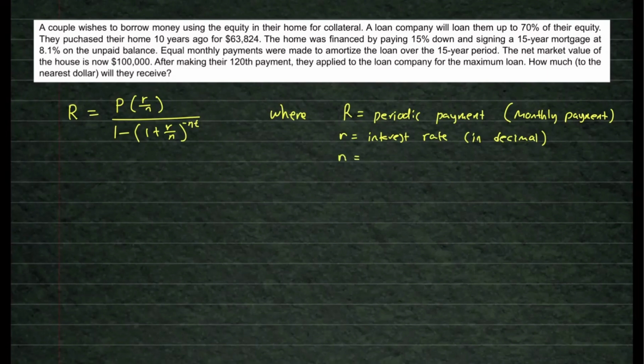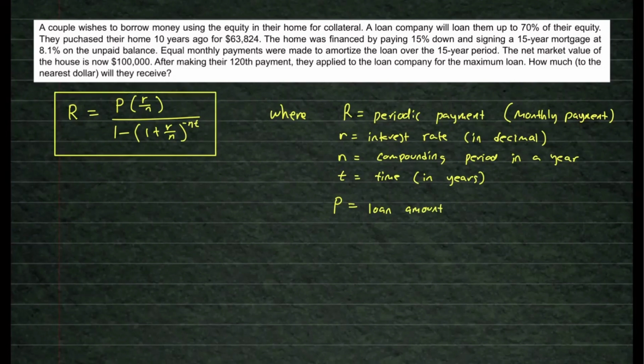That is your compounding period in a year. And then we also have little t, that is time, also in years. Then we have P. For this problem, we're going to consider it as a loan amount, or you can think of it as your present value. So these are the components of this formula, and then algebraically, we'll manipulate this to answer certain parts of this problem.